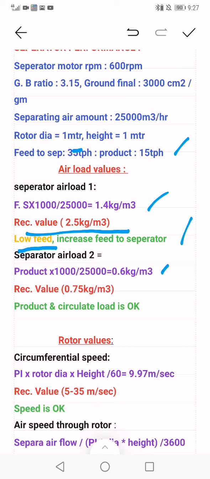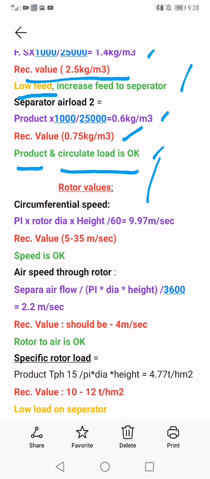Actually this recommendation value is 0.75 kg per meter cube. So it is nearly the recommendation value, which we got from calculation. So product and circulating load is okay, so we can finalize that one.